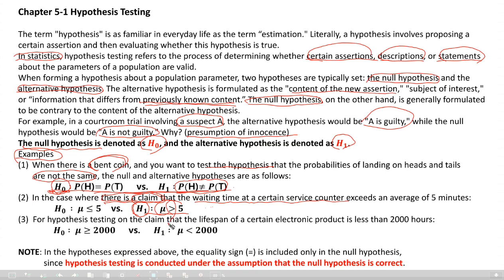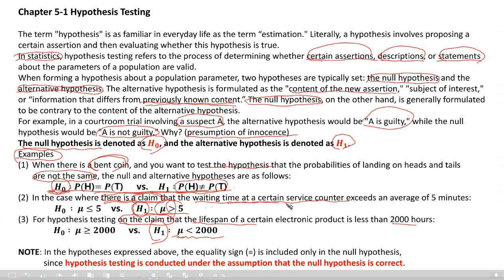So the lifetime may be less than 2,000. That is a natural claim. That is H1. We want to test whether mu is less than 2,000 or not; H0 is mu greater than or equal to 2,000. You understand this simple example, H0 and H1? You have to set up your H0 and H1 exactly, okay?